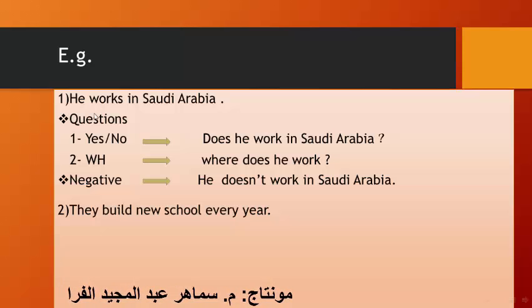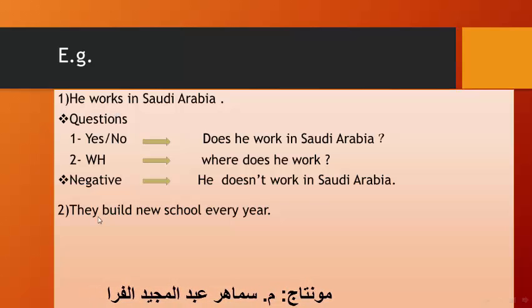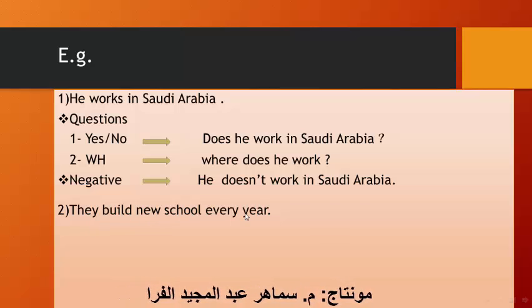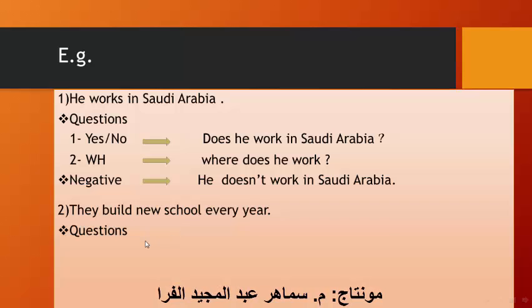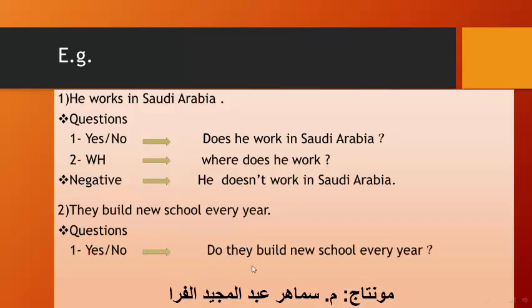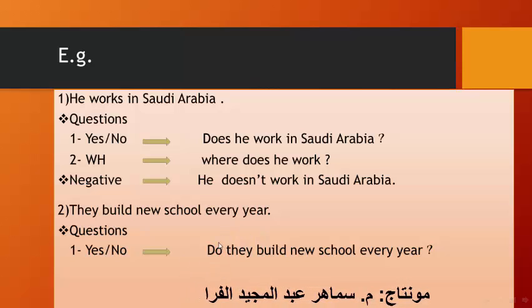The first example was with the singular pronoun he, but what about the plural subject pronoun they? They build a new school every year. Yes/no question: Do they build a new school every year? Why do we use the helping verb do?